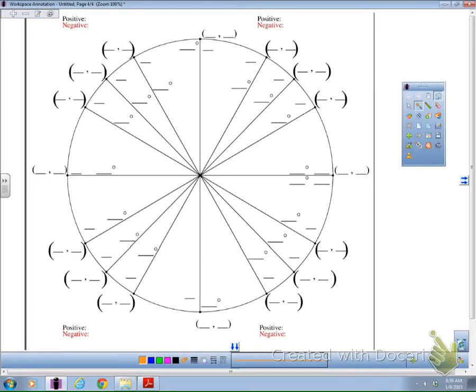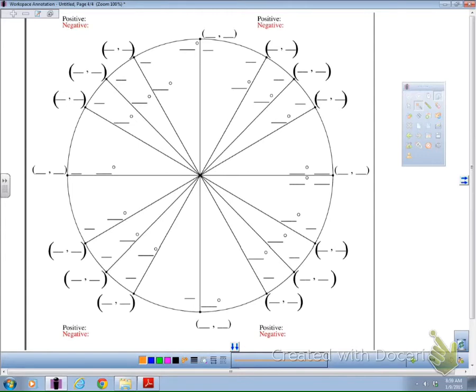Here we go. Okay, so let's talk about what we already know. This is a unit circle, so the radius is 1, and the center is at the origin. For each point on the circle, we have a degree, a radian blank, and an x and a y blank.